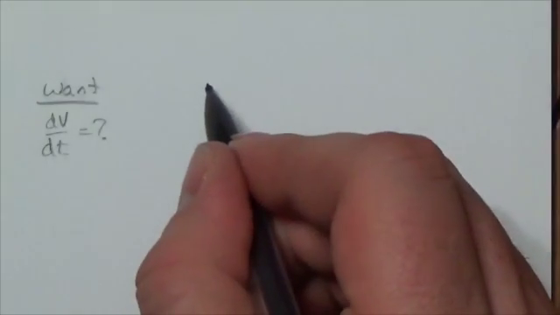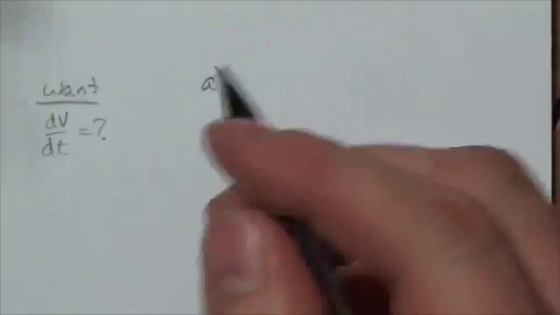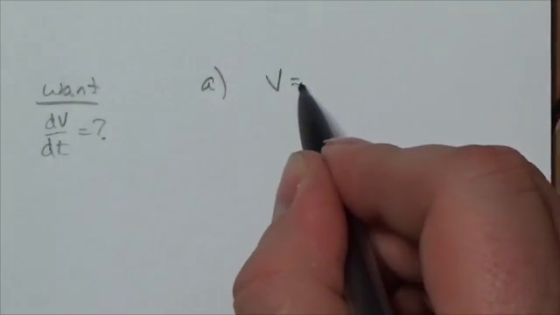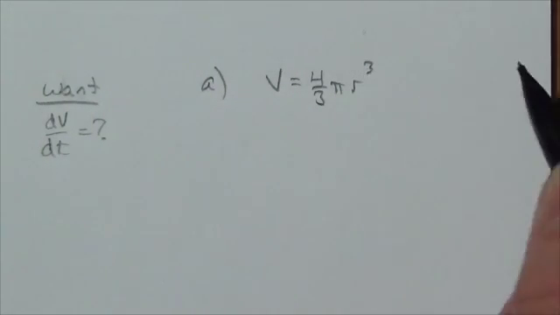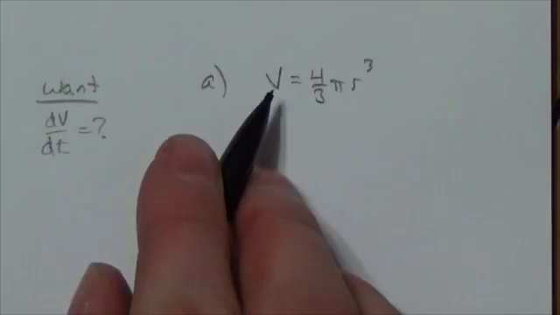So now let's start to answer the specific questions. For A, we're looking for dV by dt, so the formula for the volume is 4/3 pi r cubed. I know how fast the radius changes, and I have a specific value for the radius, and I'm looking for how fast the volume changes.